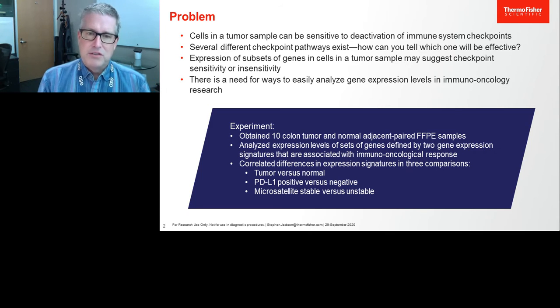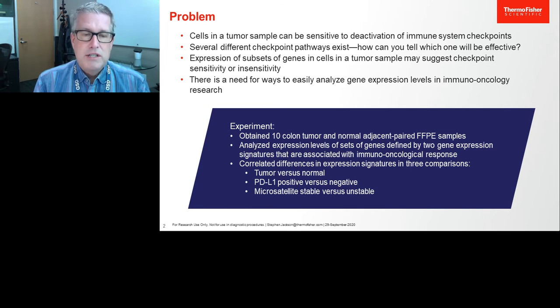And then we correlated differences in expression signatures of these two groups of genes in 3 different comparisons. We looked at tumor versus normal. We looked at PD-L1 positive staining versus negative staining. And we looked at microsatellite stable versus microsatellite unstable groups of these colon tumor samples.